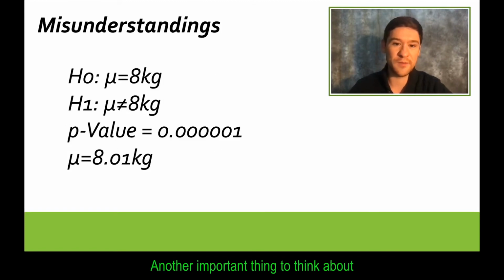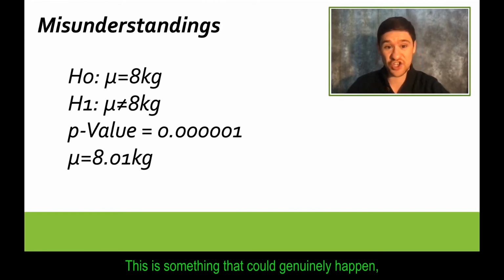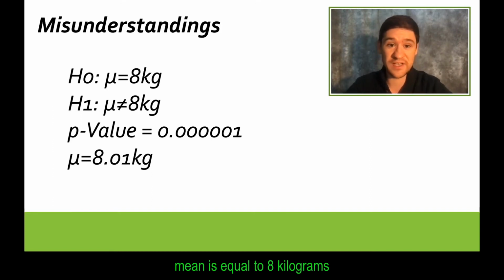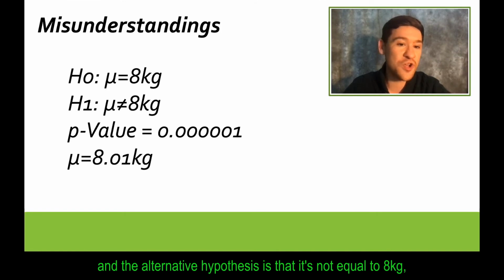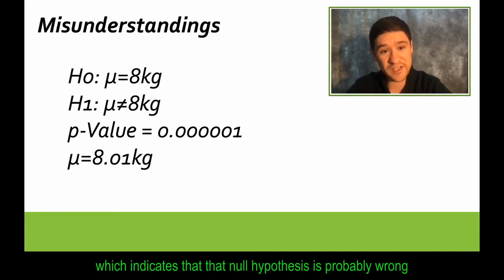Another important thing to think about is that we're only testing very, very precise things. This is something that could genuinely happen. We could be testing that the null hypothesis is that the population mean is equal to 8 kilograms, and the alternative hypothesis is that it's not equal to 8 kilograms. We could get a very, very small p-value, which indicates that that null hypothesis is probably wrong.